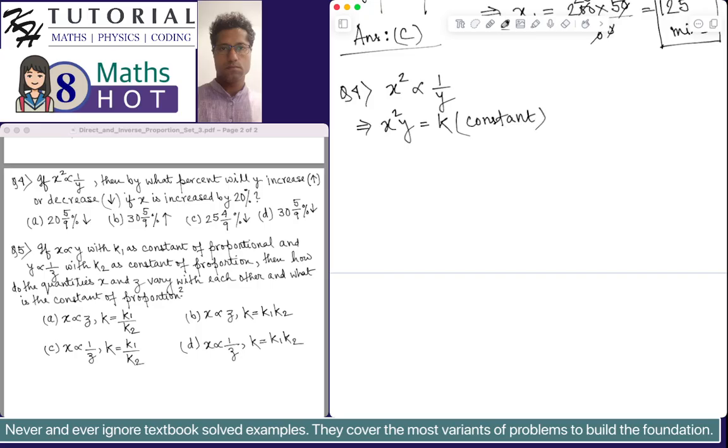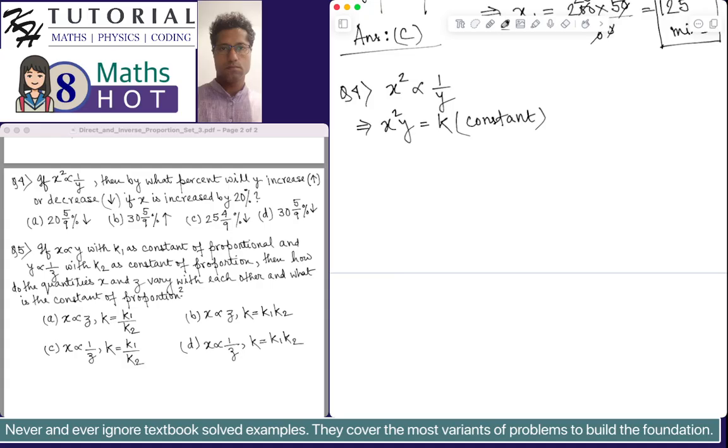We are assuming that constant to be k. The actual quantities are x and y, but it is given that the square of the quantity x varies inversely with the quantity y. That is why we have x square varying inversely with y.